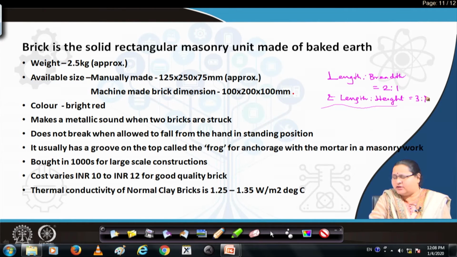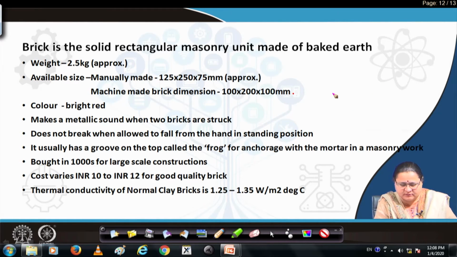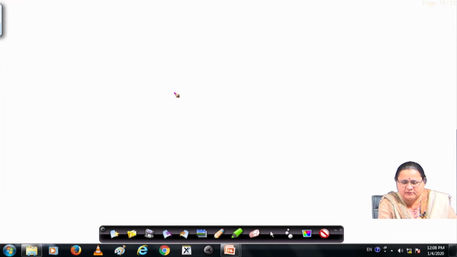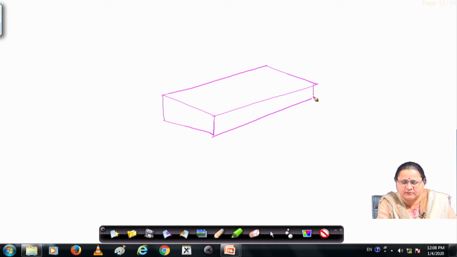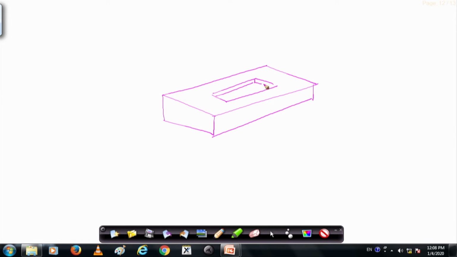It usually has a groove on top, which helps in binding with the next unit which comes.